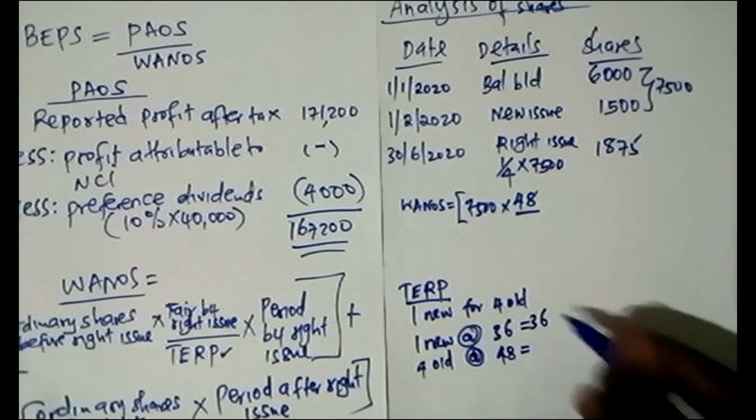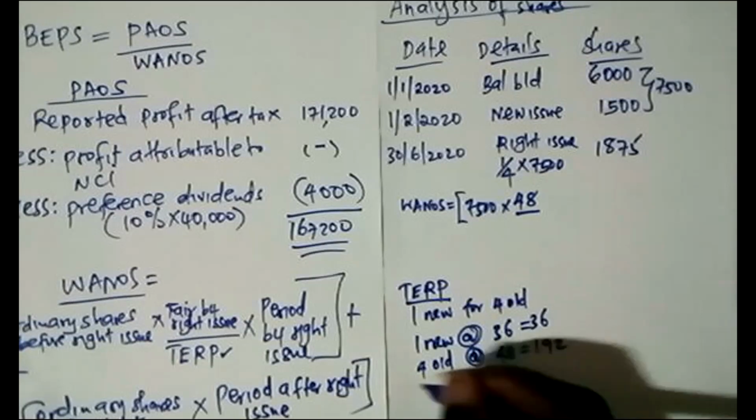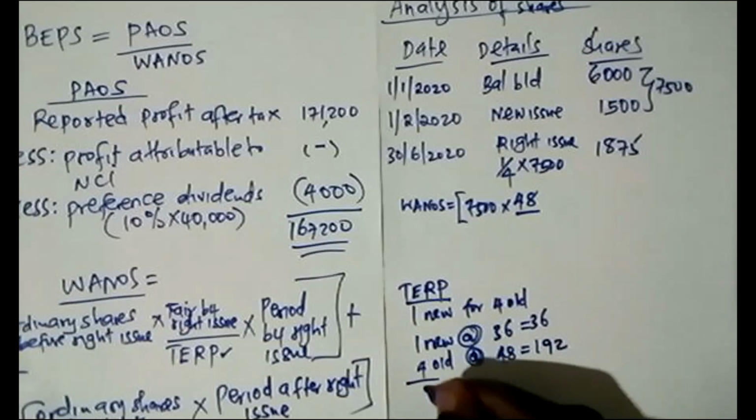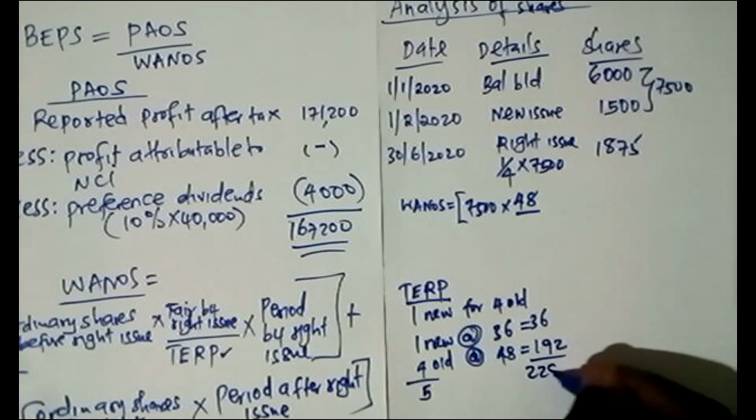So 1 times 36 is 36. Then 4 times 48 is 192. Here the total is 1 plus 4, 5. 192 plus 36 is 228.